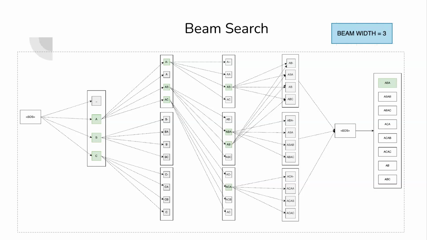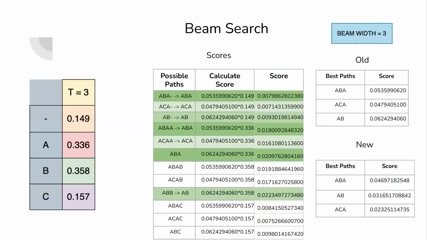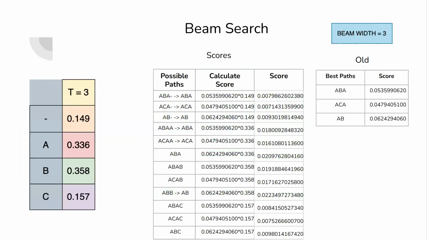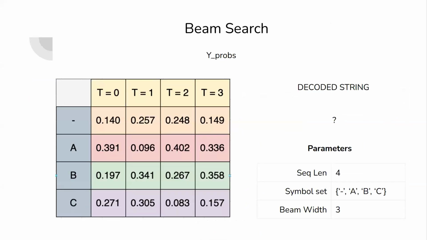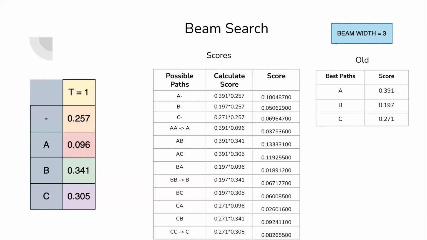There's a question on chat: why do A, B, and C have the same probability of being chosen? Are you talking about this slide? Continue to the next page.